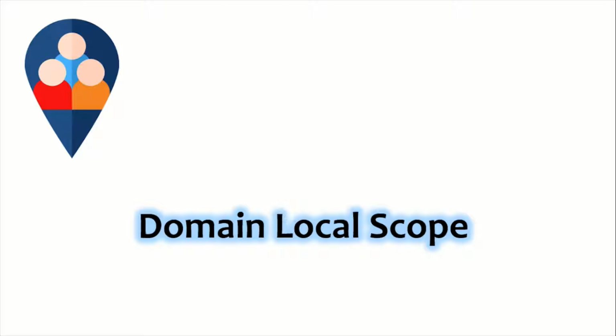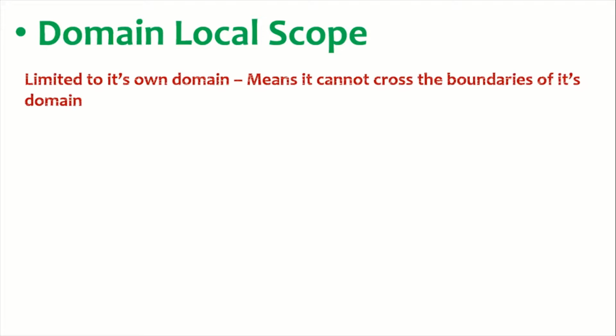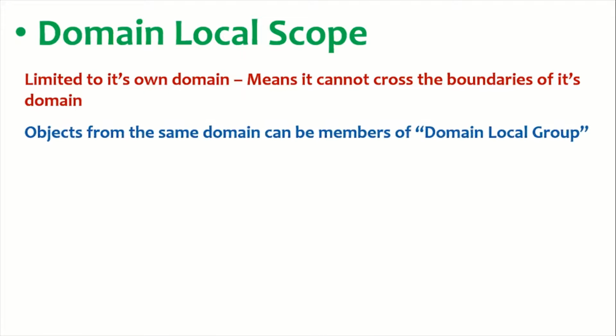So let us understand domain local scope or the boundary. It is limited to its own domain, meaning it cannot cross the boundaries of its domain. It cannot go outside its own domain and get access. Objects from the same domain can be members of a domain local group.